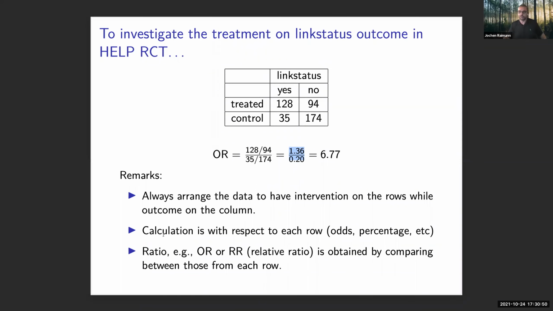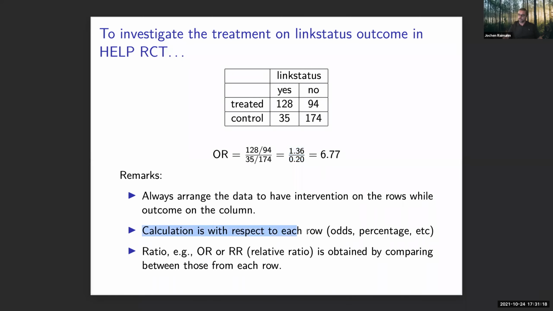So there are variations between the way people are depicting 2x2 tables. Keep that in mind, particularly in the realm of data science, there are different ways of doing that. You will see that. So whenever you speak with a data scientist who shows you 2x2 tables from his machine learning or AI endeavors, they will use a different kind of 2x2 table. Keep that in mind when you employ formulas.